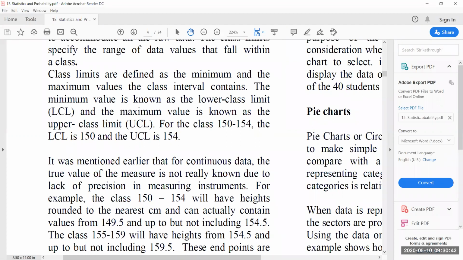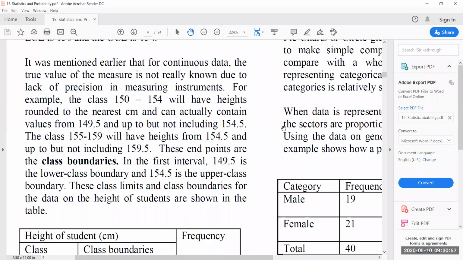So for example, for the class 150 to 154, the lower class limit, which is LCL, is 150, and the upper class limit is 154. It was mentioned earlier that for continuous data, the true value of the measure is not really known due to the lack of precision in measuring instruments.